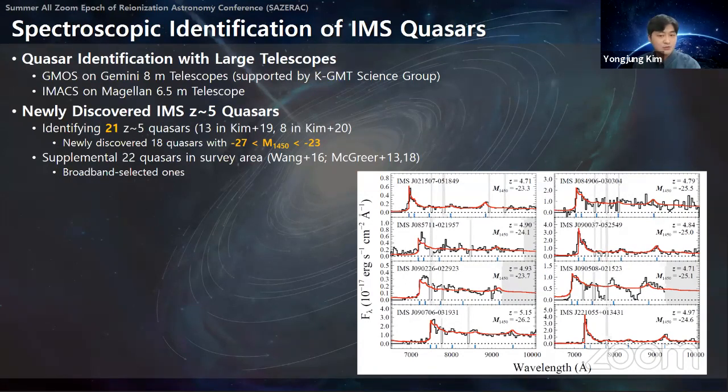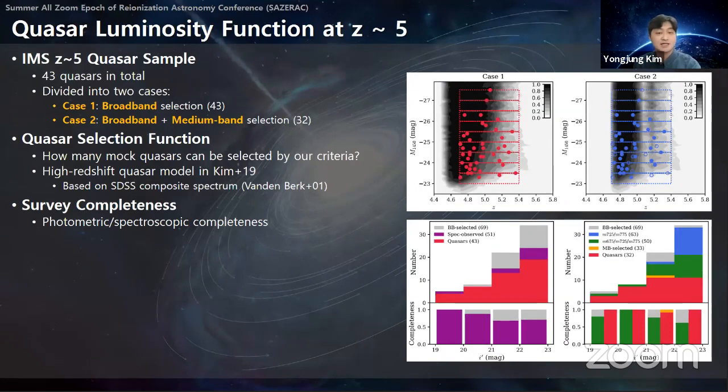Consequently, we identified 21 faint quasars at redshift 5, while 18 of them are newly discovered. We include an additional 22 quasars identified by previous works, which were also selected by our selection criteria. In total, we have 43 spectroscopically identified quasars.